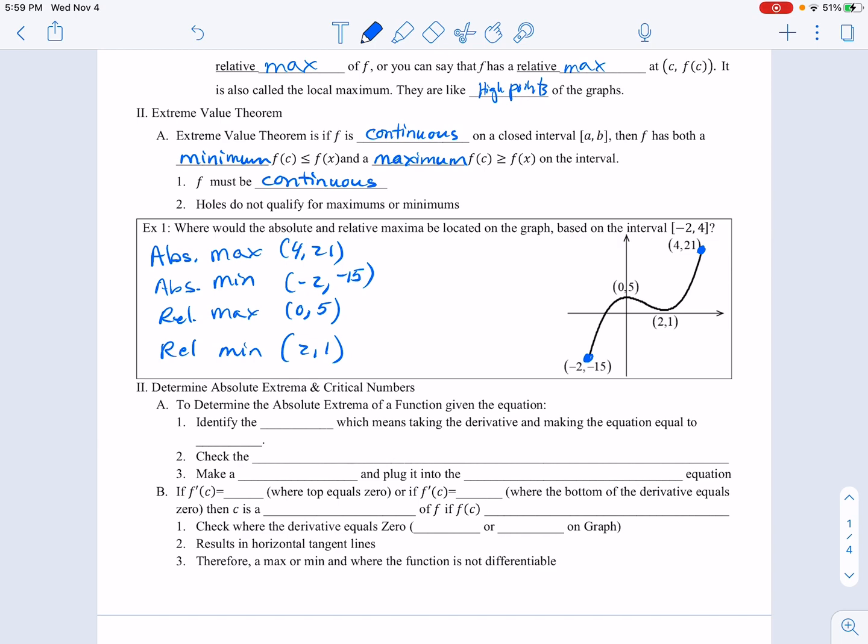It says to determine the absolute extrema of a function, identify the critical points, which means taking the derivative and making the equation equal to 0. Check the domain.